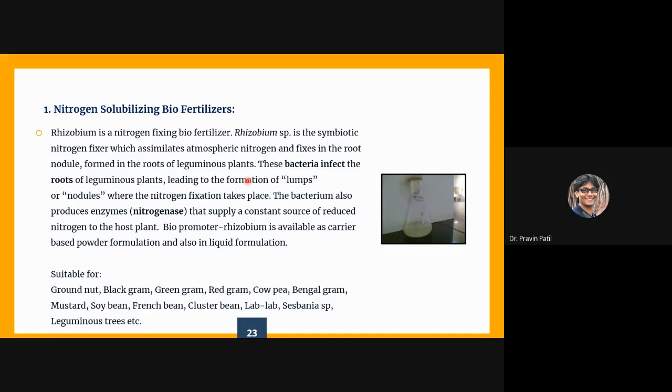At the same time, they also produce an enzyme known as nitrogenase, which efficiently supplies reduced nitrogen to the host plant. In both ways, the nitrogen fixing Rhizobium species helps the plant grow. This is mainly suitable for plants including groundnut, black gram, red gram, cowpea, etc.